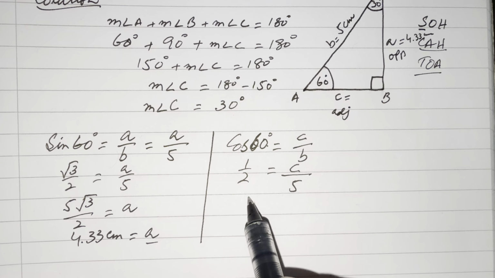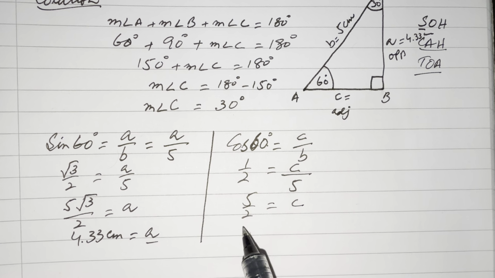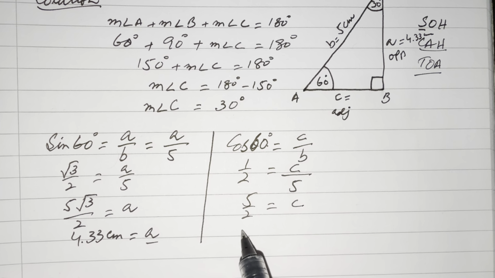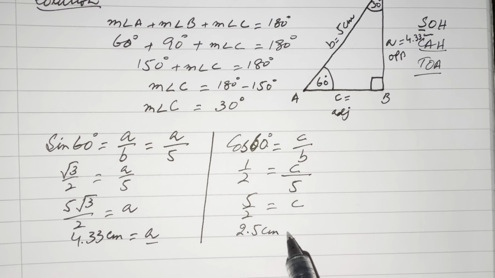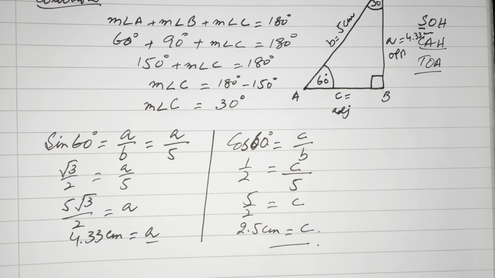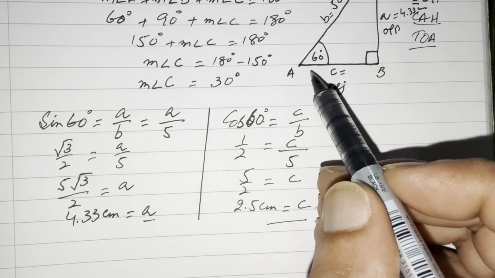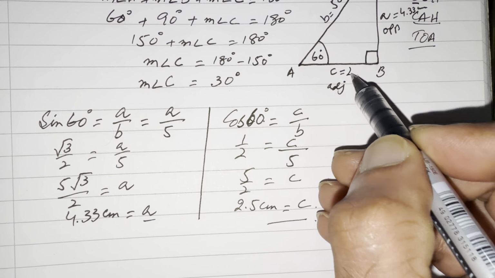That will become 5 over 2 is equal to C. When we divide 5 by 2, we get the answer 2.5 centimeter is equal to C. So that's the length of the adjacent side, which is equal to 2.5 centimeters.